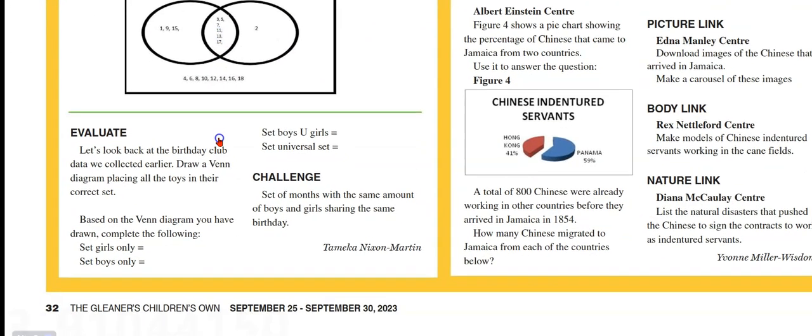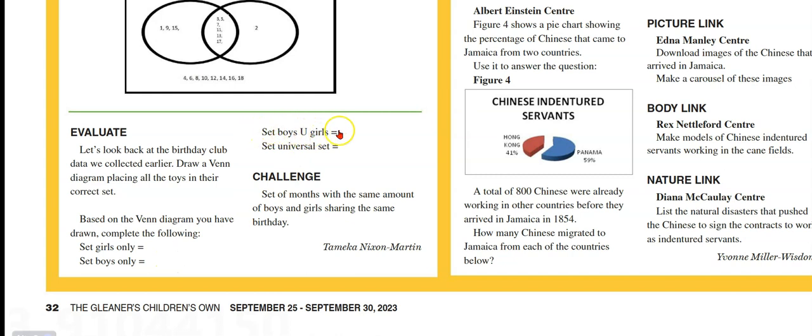Alright. Finally, let's close it out now. It says, look back at the birthday club data we collected. Draw a Venn diagram placing all the toys in their correct set. Based on the Venn diagram you have drawn, complete the following: the set of girls only, the set of boys only, the set of boys and girls.